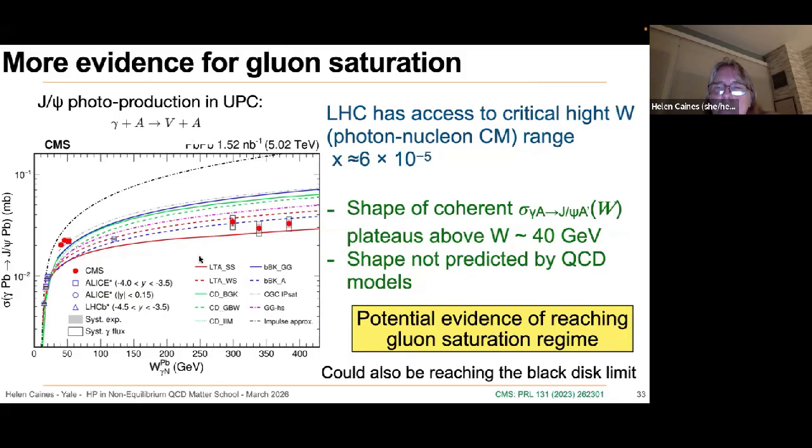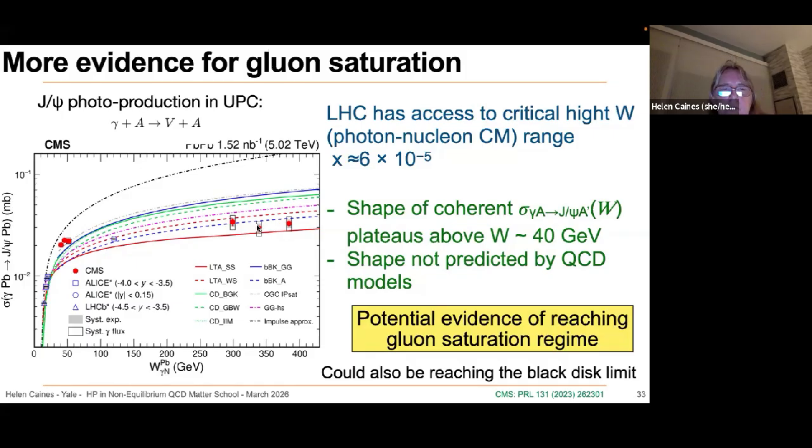We can look at the probe of this at different square root s's, and we go down to an x of 10 to the minus 5, and you see the sharp rise. But as we get to higher and higher square root s, and remember higher square root s, because you divide by it, gets you to smaller and smaller x, you see a plateauing of the yield of the J/psi as a function of this W.